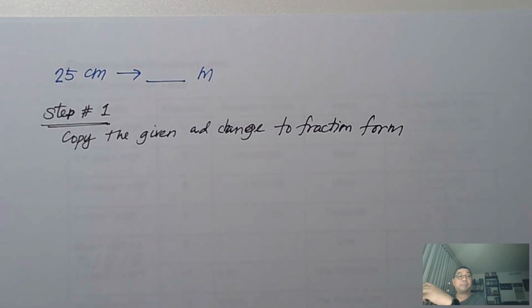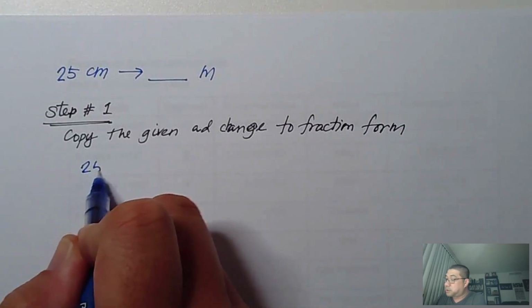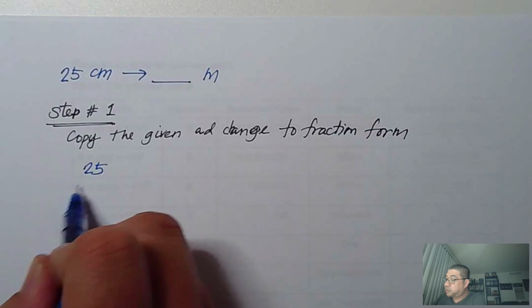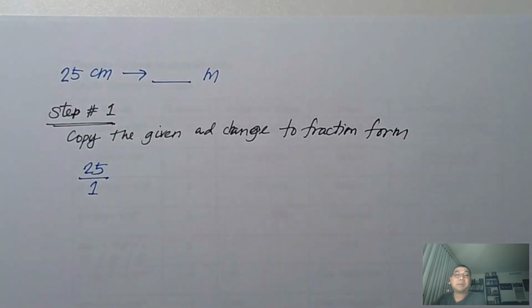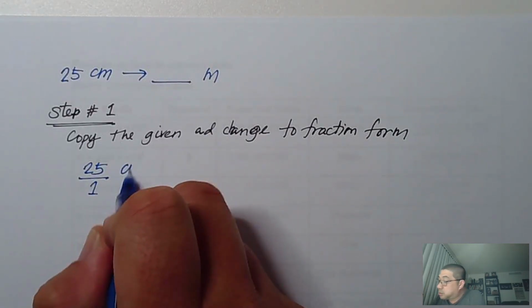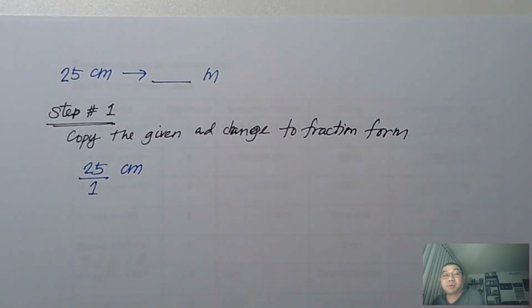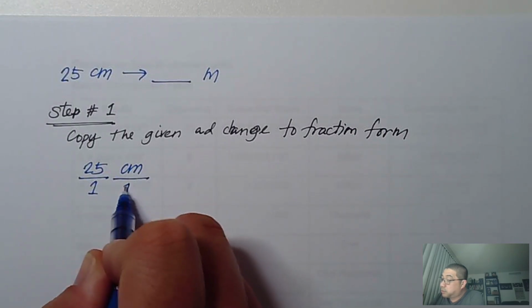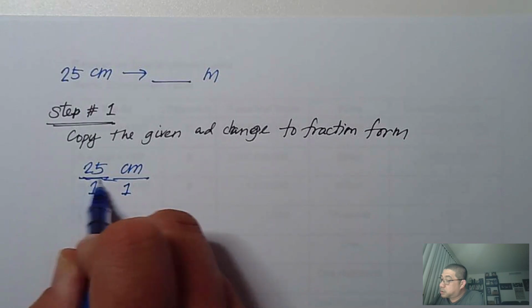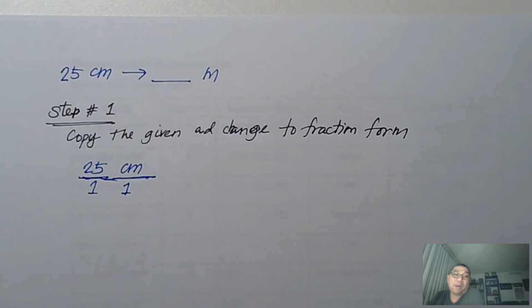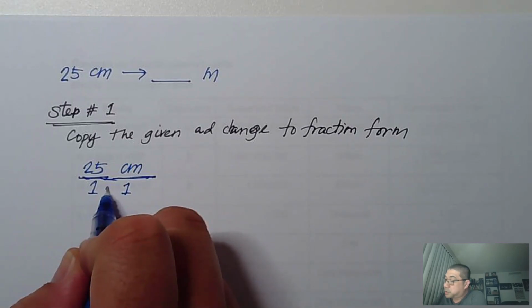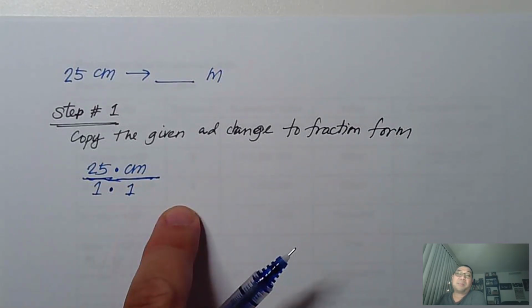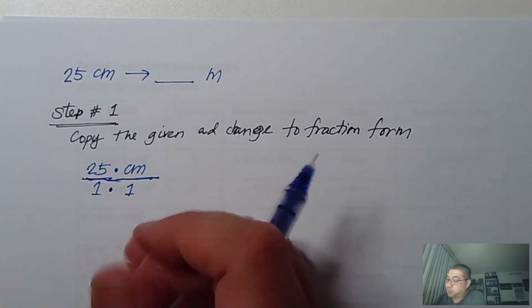What is the fraction form of 25? 25 over 1. You divide it by 1, so it stays the same. The unit is centimeters. How do you change it to a fraction without changing it to a different unit? By dividing it by 1. So now it is 25 cm divided by 1. 1 times 1 is 1. So 25 cm over 1.